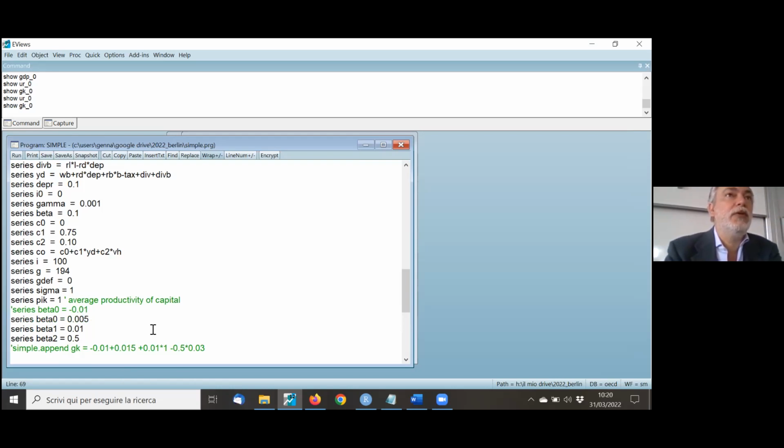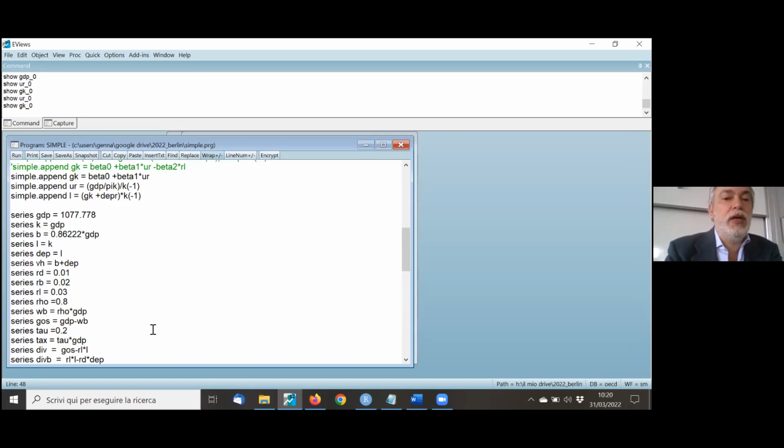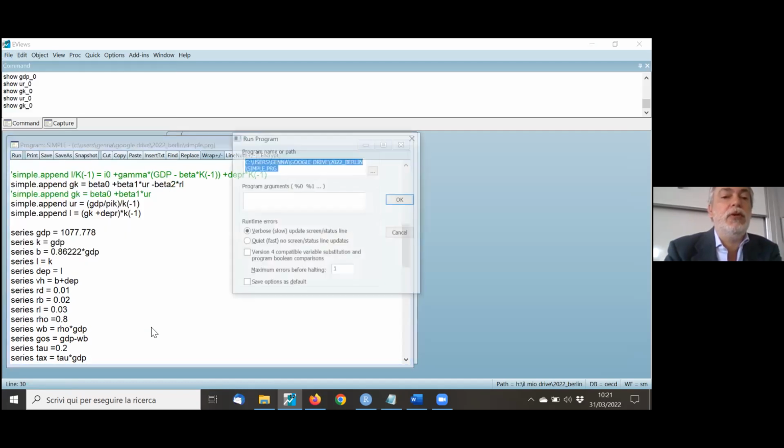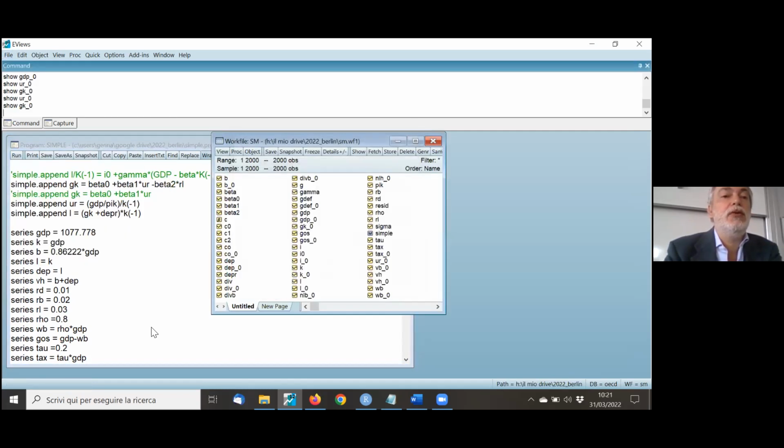I don't know whether you followed my math, and we can see whether this works. But in principle, since RL is exogenous, for our choice of parameters, this should give us exactly the same result that we had before. So let's see whether this is true.